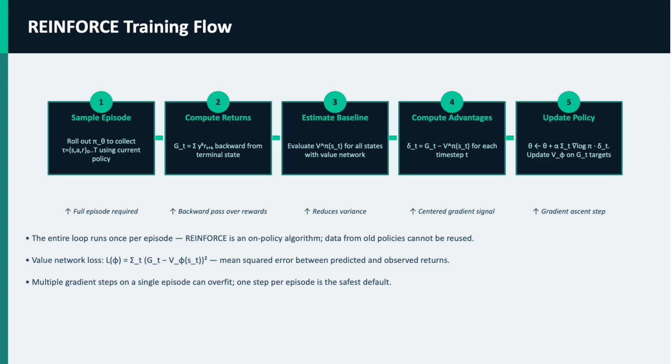This gives you a trajectory of states, actions, and rewards. Step 2, compute the returns by working backwards through the trajectory: G_t equals r_t plus gamma times G_{t+1}. This backward pass is efficient and gives you all G_t values in one sweep.